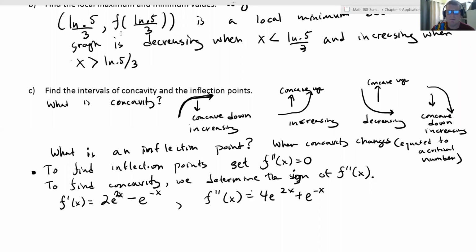So 4e to the 2x plus e to the negative x, and you set it equal to 0, and you guys got something? Thanks, Kira.